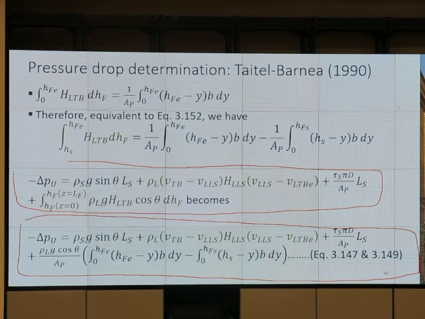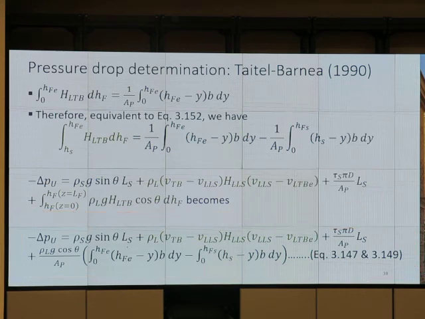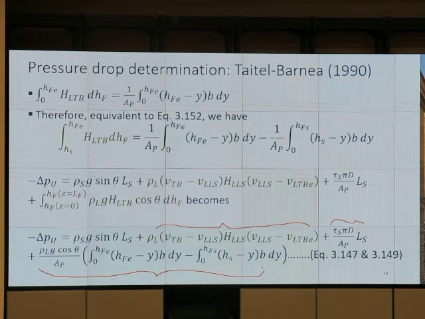Alright, in that equation we have rho g sin theta, the acceleration term but incomplete, right? The acceleration term of Dukler and Hubbard, and tau in the slug body, shear rate in the slug body, and some pickup term from that. Is that the same as any equation that we have yet? I put there 3.147 and 3.149.